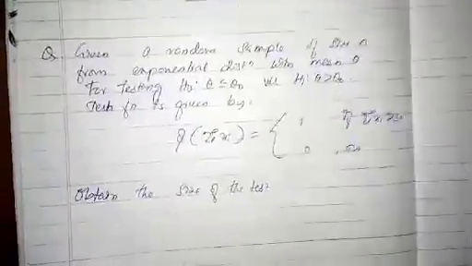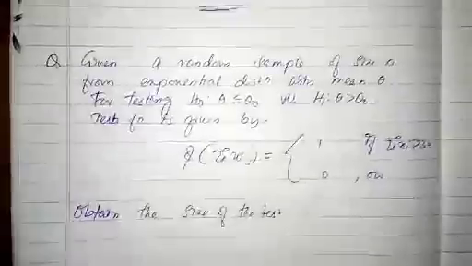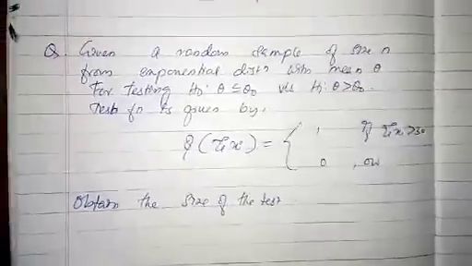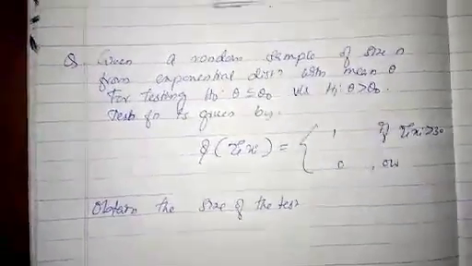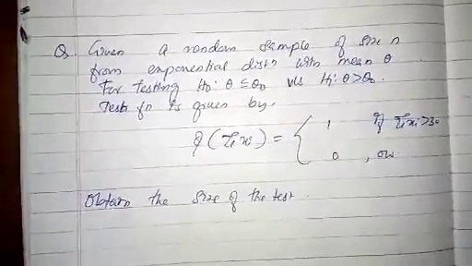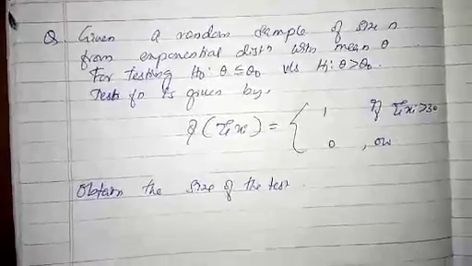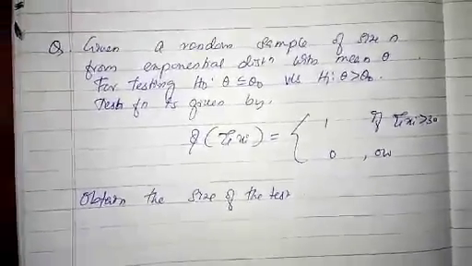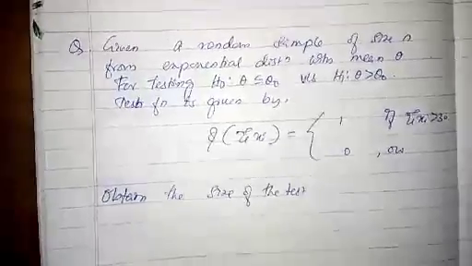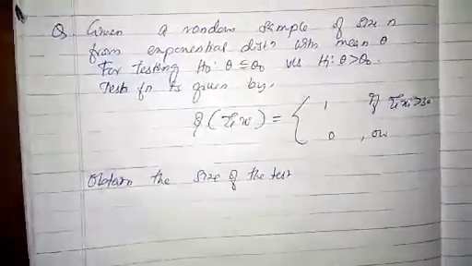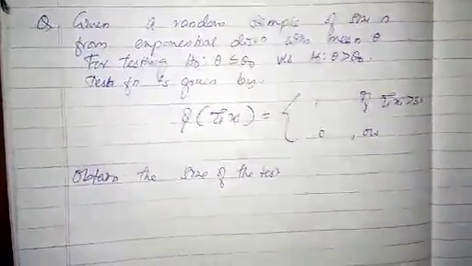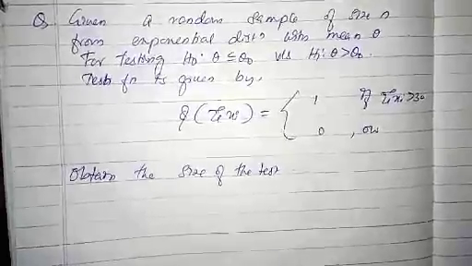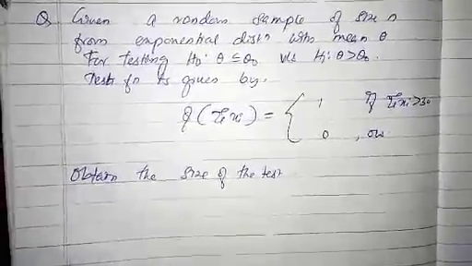So here the problem is: given a random sample of size n from an exponential distribution with mean theta, for testing H naught: theta is less than or equal to theta naught versus H1: theta is greater than theta naught. The test function is given by phi of summation xi equal to 1 if summation xi is greater than 30, 0 otherwise.